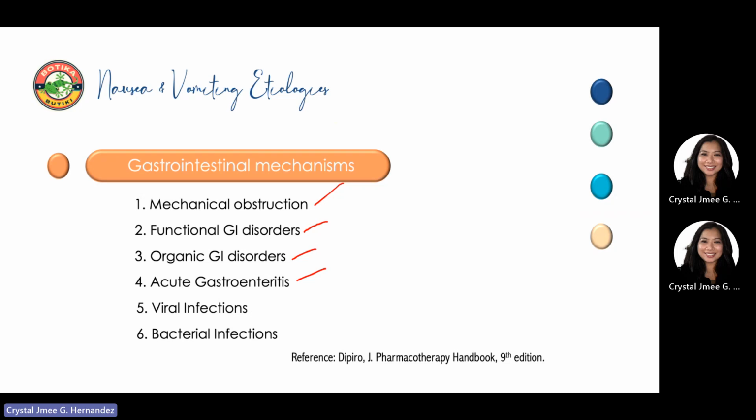Now, specifically for gastroenteritis, if it's viral in nature, common viruses that we account for are rotaviruses. We also have the astroviruses and the noroviruses. And then for bacterial infection, the most common is staphylococcal food poisoning caused by Staphylococcus aureus.